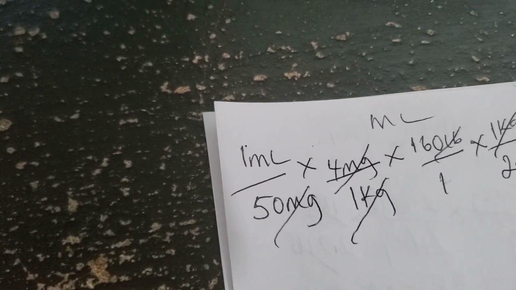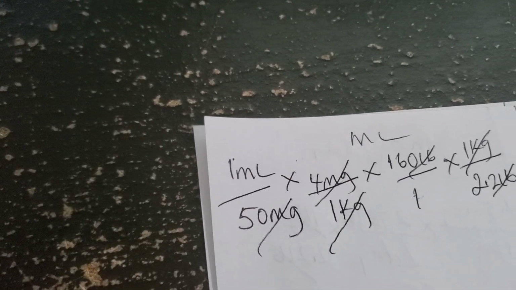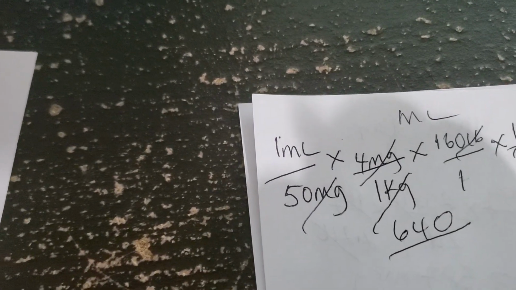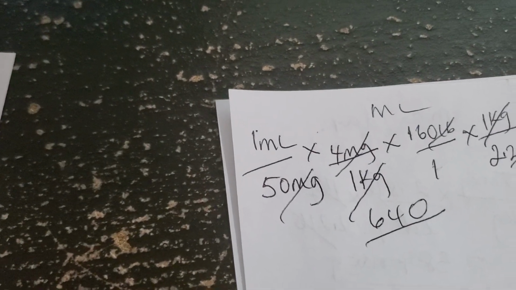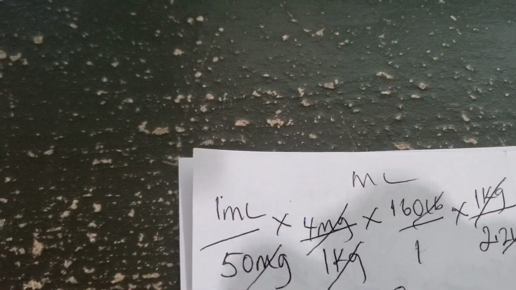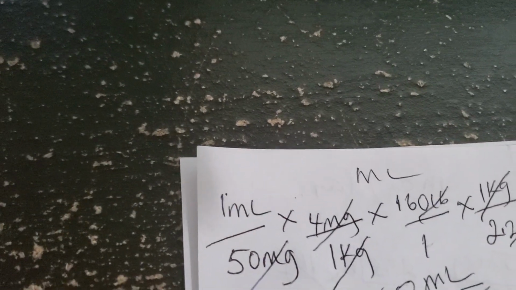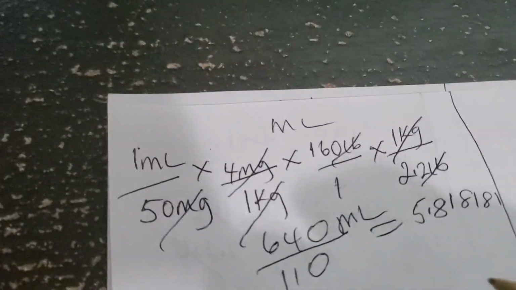Let's multiply here. All right. So we have 4 times 160. 4 times 160 gives us 640. All right. And then we have 50 times 2.2, which is the bottom number, 110. This is ml. So the answer should be 640 divided by 110, and we are going to get 5.818181, plenty of them.